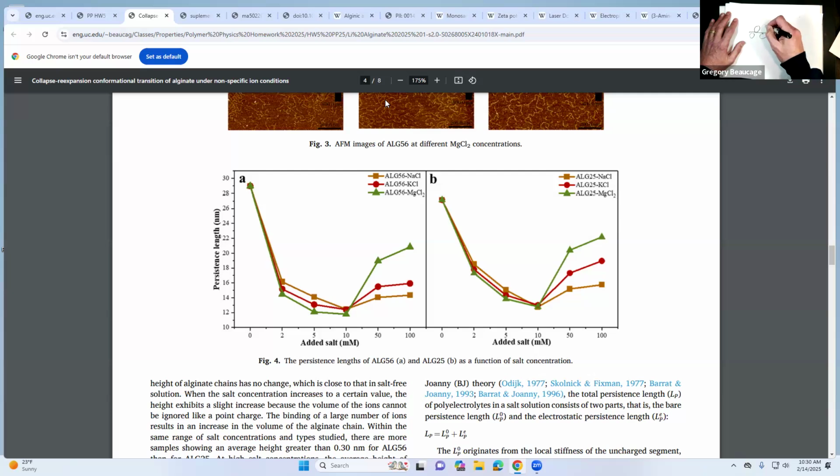As the concentration of the balloons goes up, the persistence length goes up. So you expect to see LP go up, maybe to some point, as you get more and more balloons, these cations, stuck to it. So the bigger the cation, the bigger the balloon effect.